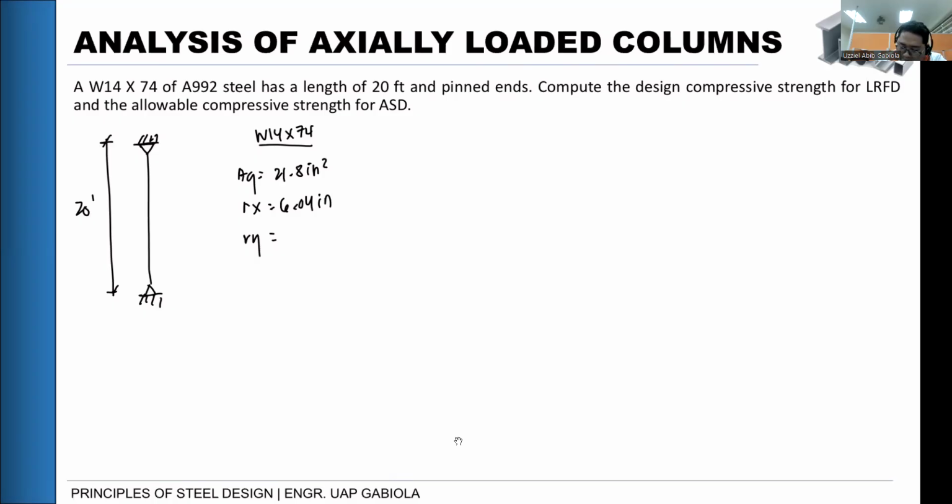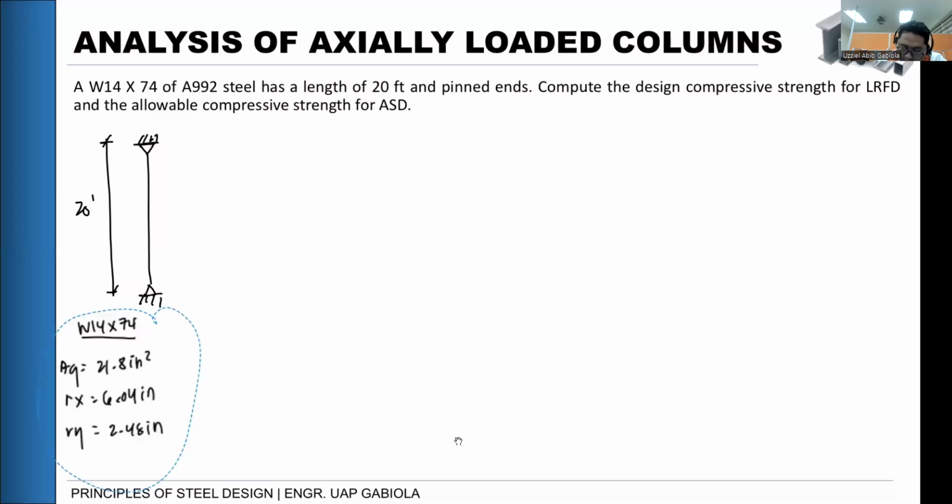Correct. 2.48. Okay? And then we have A992 steel. Dito na natin lagay ito. Yan. So, A992. So, ibig sabihin, Fy natin is also 50 ksi.